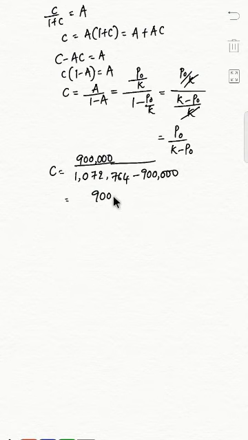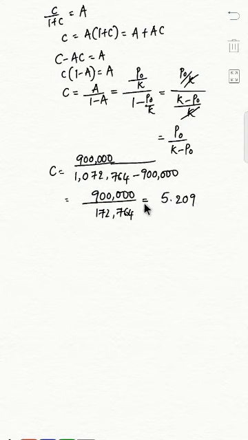So 900,000 divided by, this is 172,764, and if this is divided, then we have 5.209.